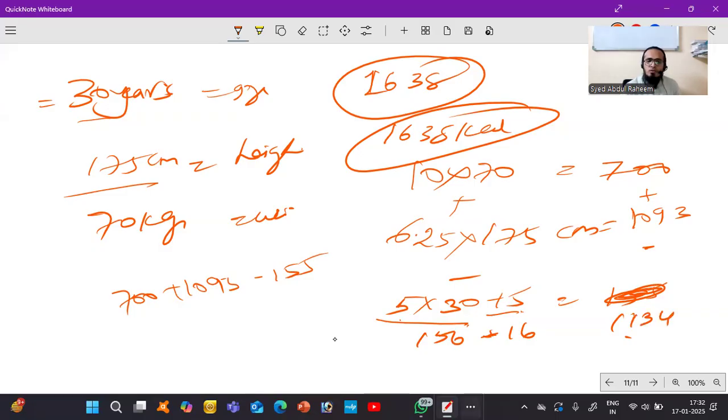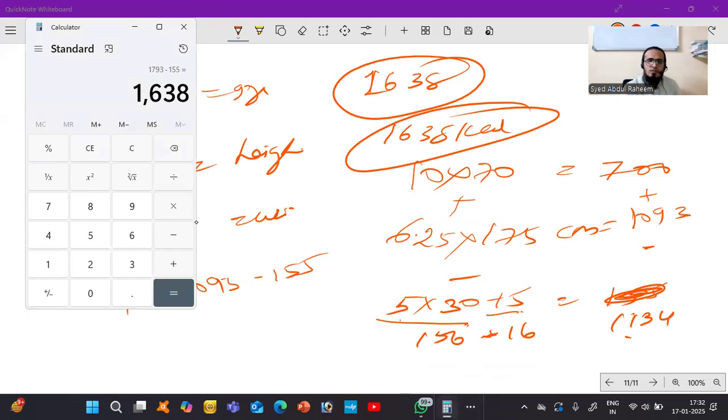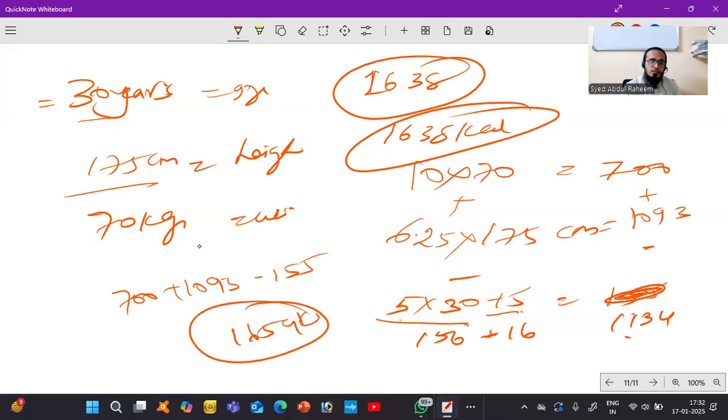So for a female, 700 plus 1093 minus 134. She requires 1659 calories. This is the formula I gave, with accuracy of around 90%.